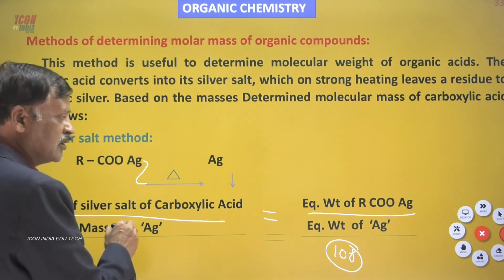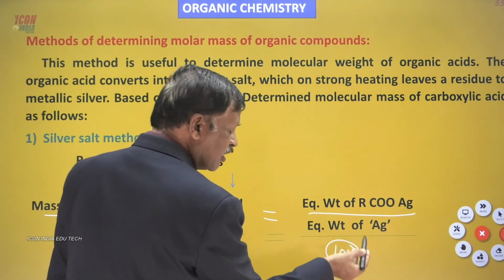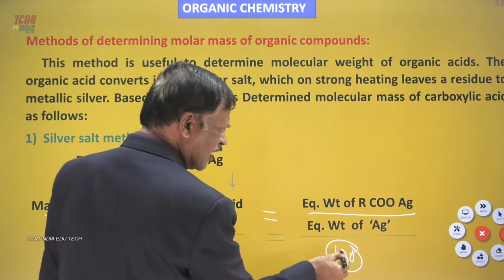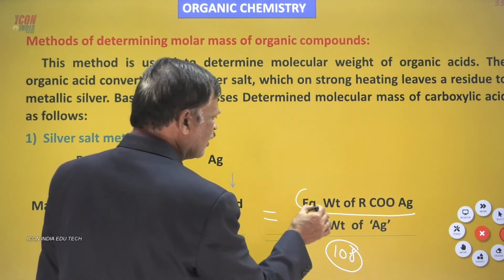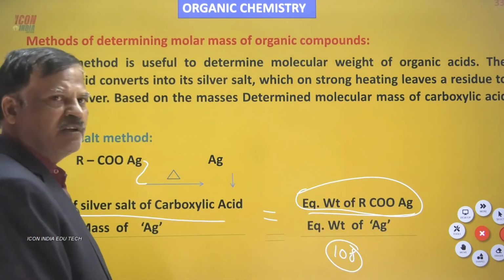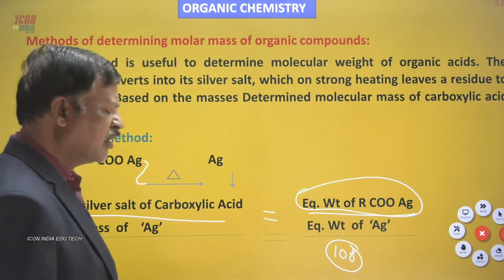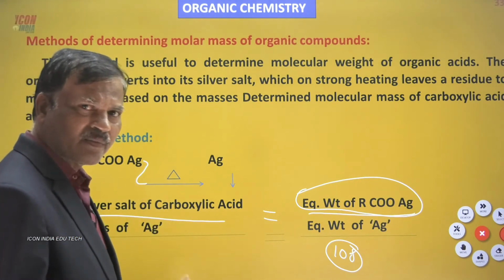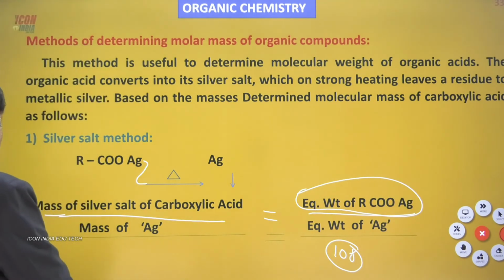We know the mass of silver, and equivalent weight of silver is already known, that is constant 108. So, from that you can calculate equivalent weight of silver salt of acid. From the equivalent weight of silver salt, you can determine the molecular weight of silver.